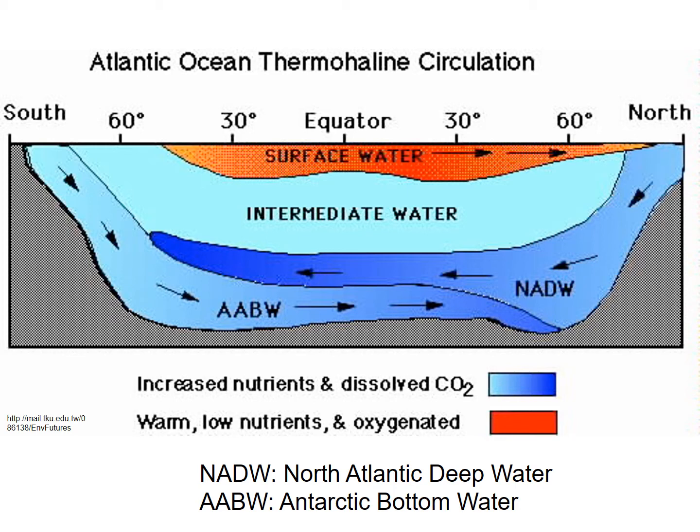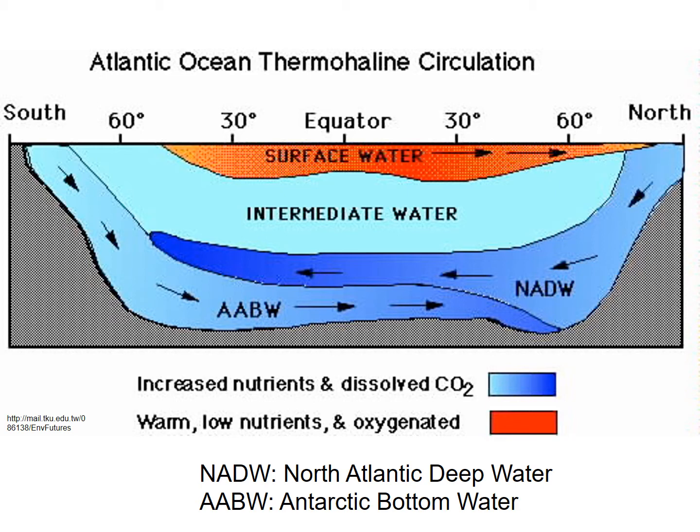The surface water is the least dense water, so it is on the top. But then we have the intermediate water that is a little bit denser. We have the North Atlantic deep water, and the deepest water is the Atlantic bottom water. So NADW stands for North Atlantic deep water, and AABW is the Antarctic bottom water.